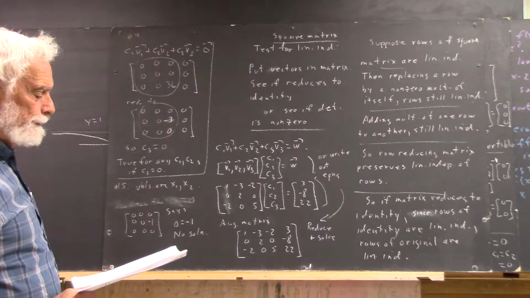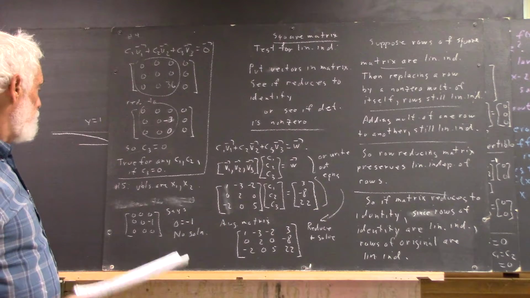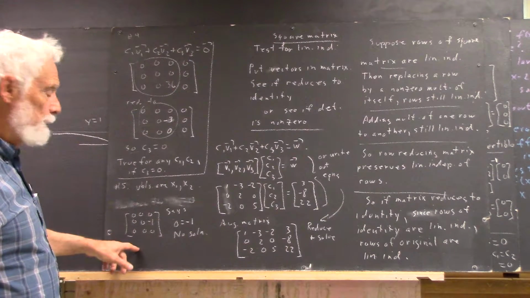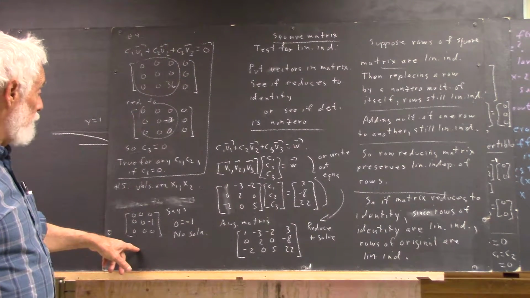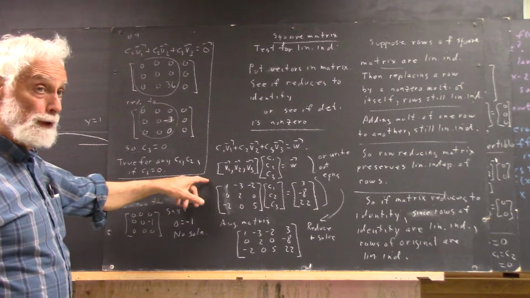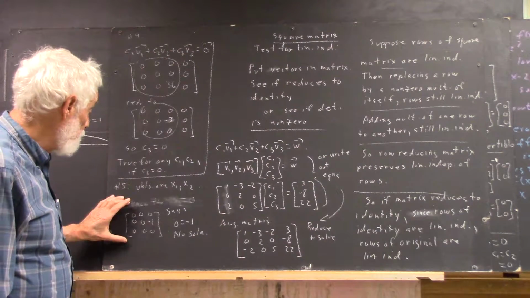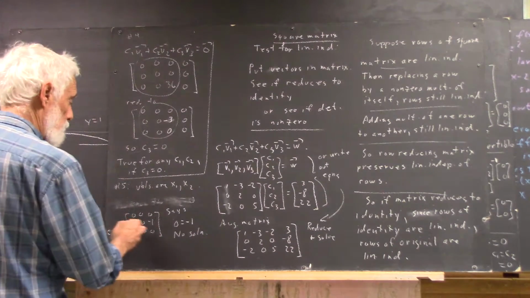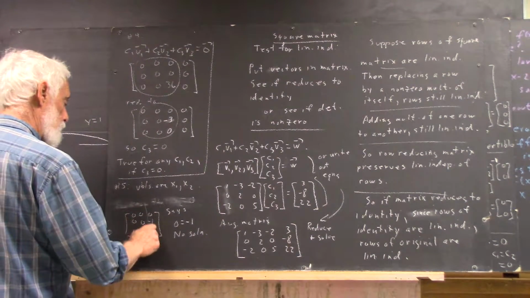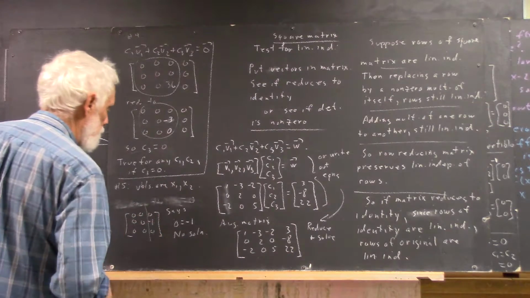On number 5, it says an augmented matrix reduces to this. It misleadingly mentions x1, x2, and x3, but if this is an augmented matrix for a system of equations, then you have only x1 and x2 because, of course, your last column is what's to the right of the equal sign.